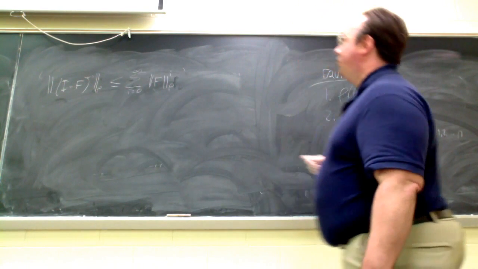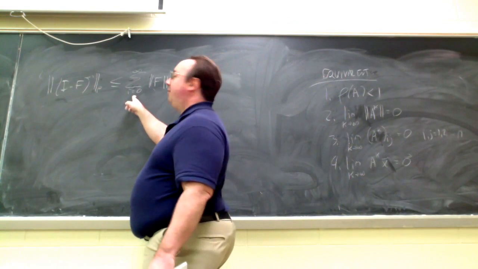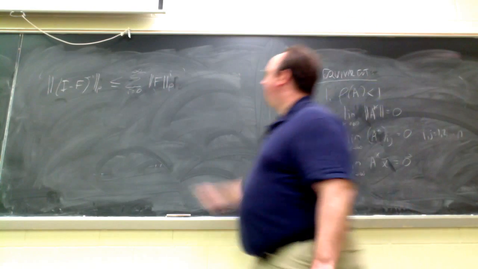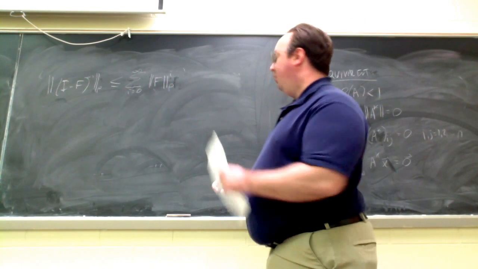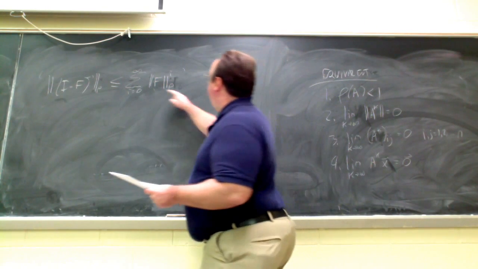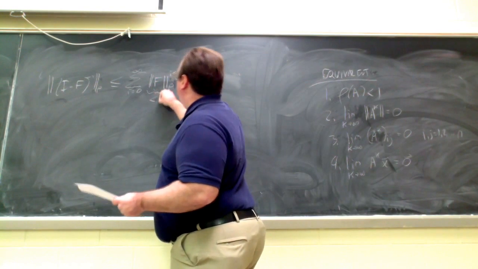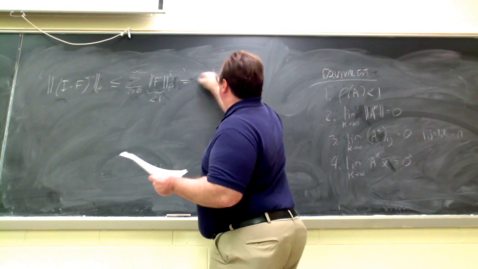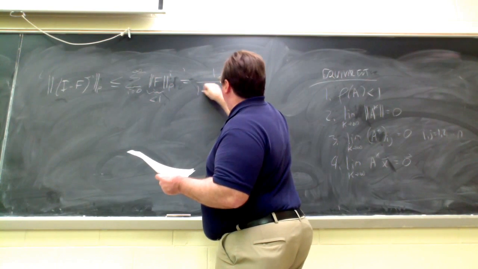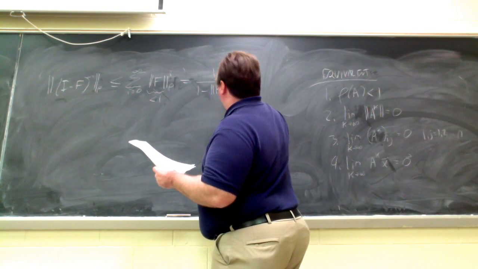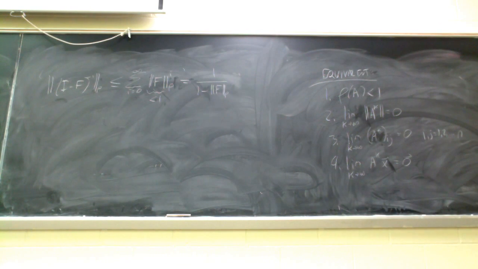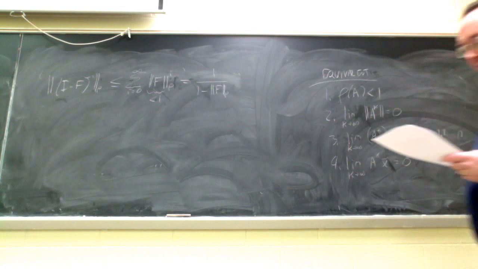I use the triangle inequality to pull the sum out of the norm, and then the submultiplicative property to pull the exponent out of the norm too. And this is less than 1. This is a convergent geometric series. So this whole expression is equal to 1 over 1 minus the p-norm of F. So at least we have a bound on the norm of (identity minus F) inverse.